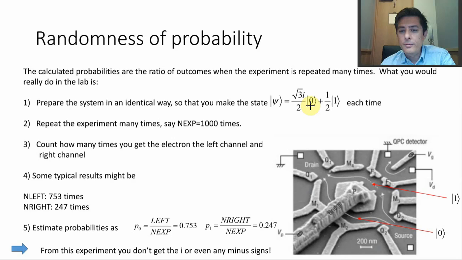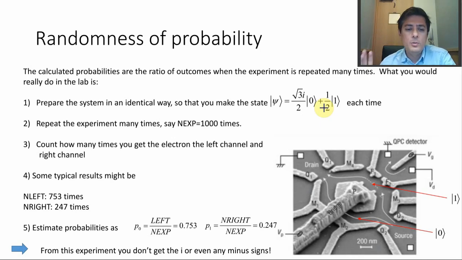In fact, even if this was a minus sign, say minus a half, I'd still get 0.25. So in terms of this experiment, there are several different quantum states that would give exactly the same probabilities. So you might think, well, why do you even need these i's or the minus or anything? That doesn't really affect things.